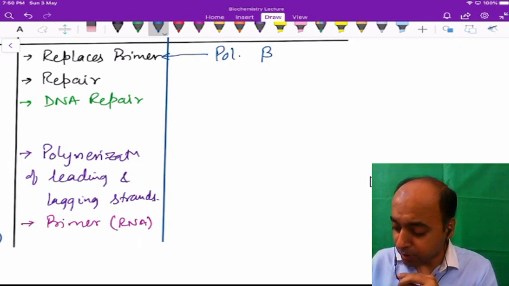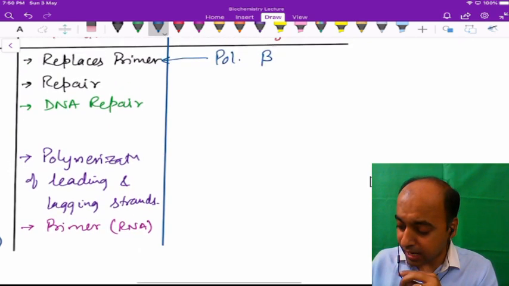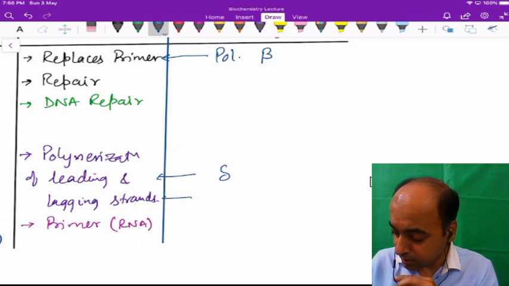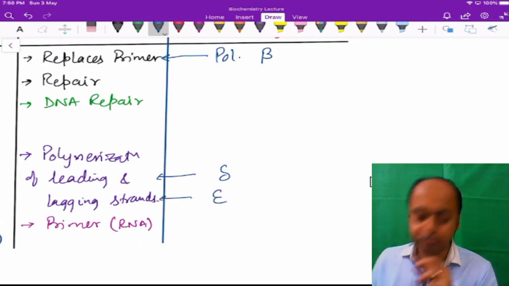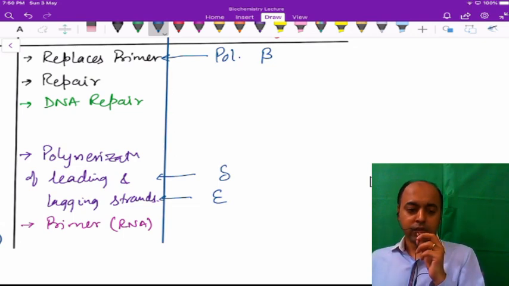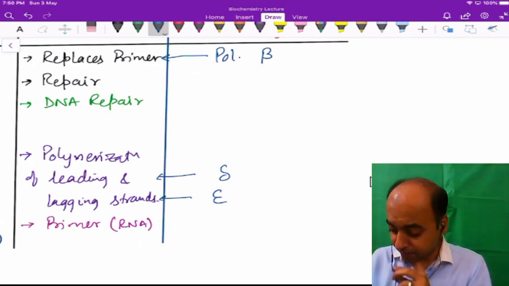The polymerization of leading and the lagging strands is done by delta and epsilon. So they will synthesize the leading and the lagging strand.